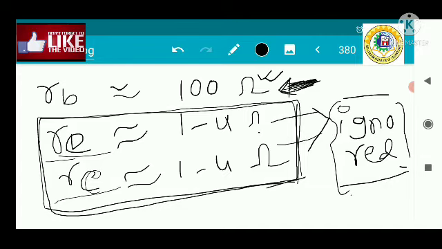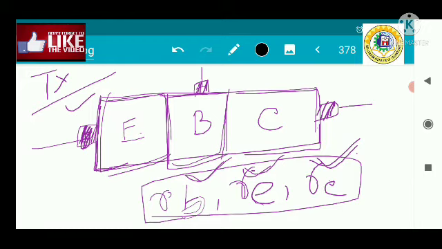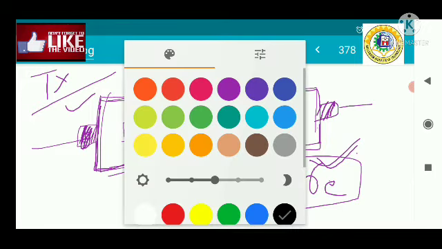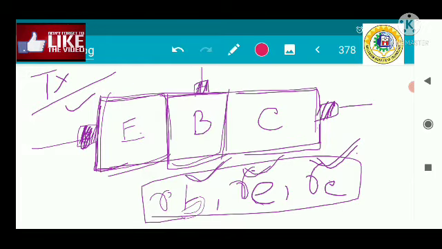Now another concept is introduced. Suppose there is an emitter base junction, this is a junction, and this is also a junction.